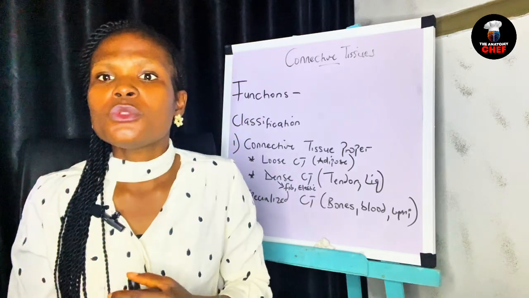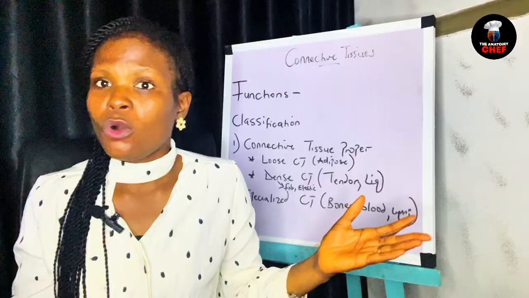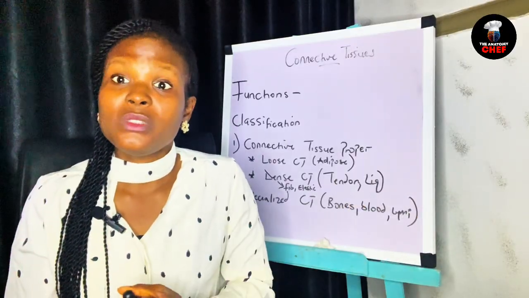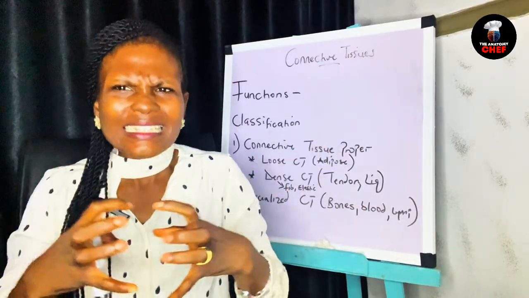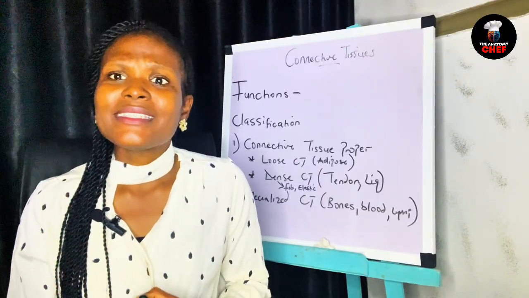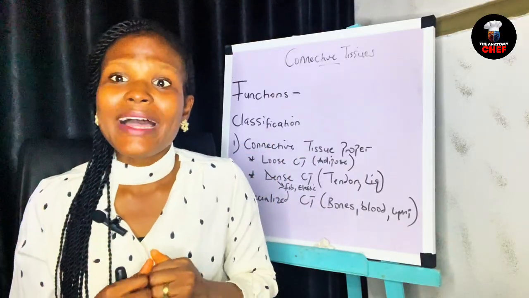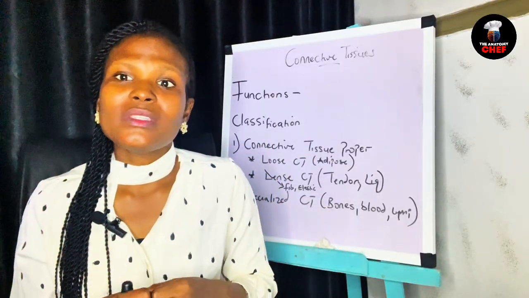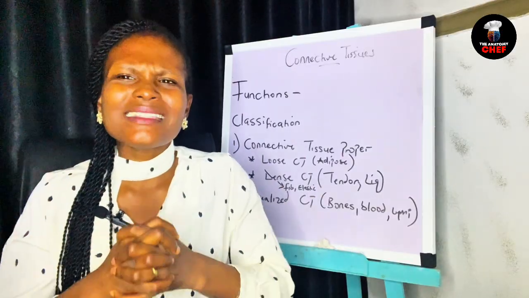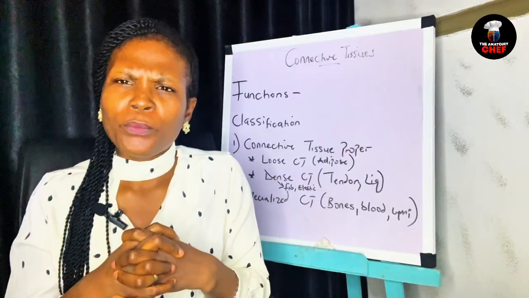Now, when we come to dense connective tissue, what is a dense connective tissue? It's right opposite of your loose connective tissue. This has its fibers tightly packed together. Another characteristic of a dense connective tissue is that it has more fiber than the loose connective tissue, and the fibers and the cells are tightly packed together. Have you seen a foam before?